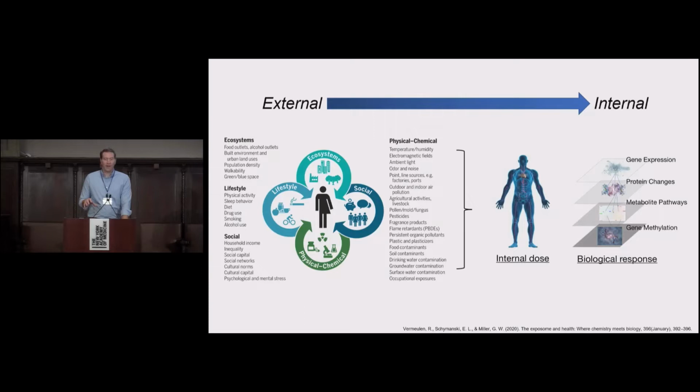In order for an exposure to have an effect, there must be some interaction with the system itself, meaning that exposure must, if it's a physical chemical exposure, result in some toxicant or other exposure that's internalized within the body, and then that interacts with biological systems and causes biological effects within the systems itself.